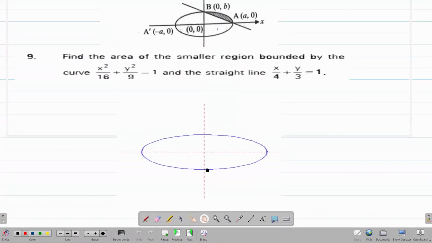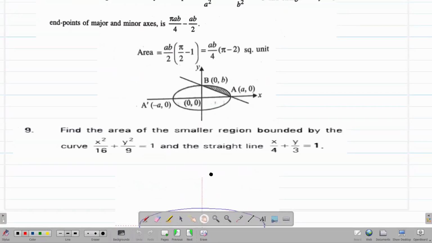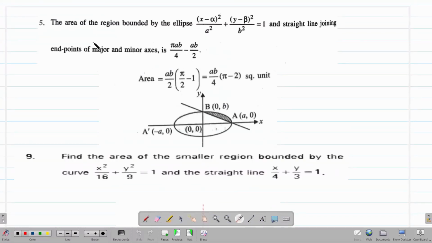Now here, if we have to find the area of the region bounded by the ellipse of this type, x square by a square plus y square by b square equal to 1, and the straight line whose endpoints are on the major and minor axes, that means this line is x by a plus y by b equal to 1.